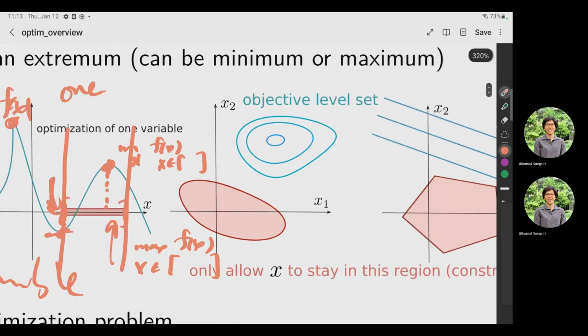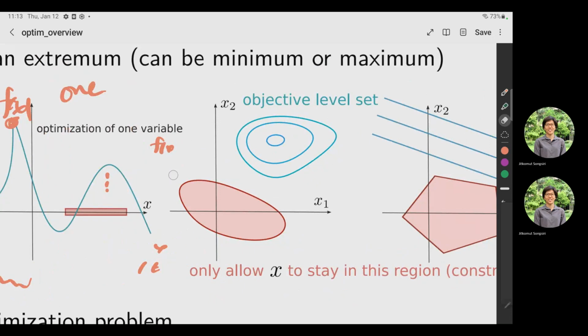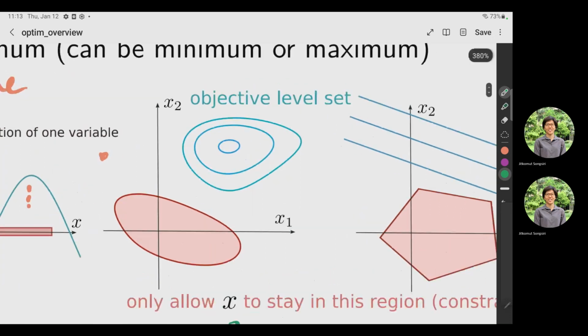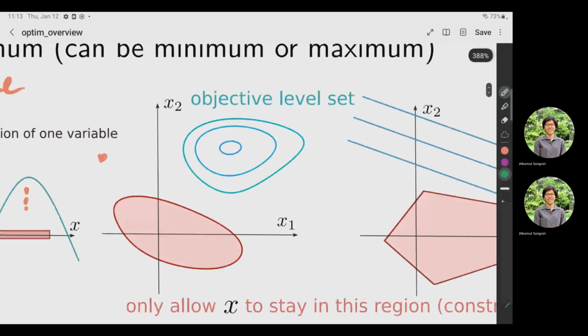Now let's move to a more general case. Now you have a function in R2. There are 2 examples. The blue ones are level sets or contours. In this example, let's assume that the outward of the contour corresponds to greater value of f, the gradient of f pointing in that direction.